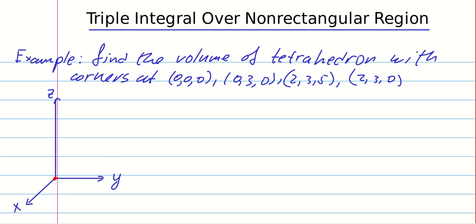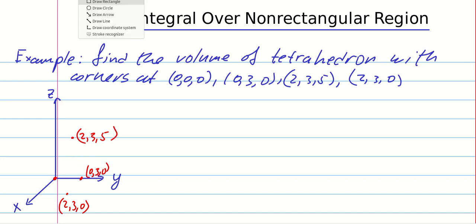One is on the y-axis over here, which is 0, 3, and 0. One is over here, which is 2, 3, and 0. Right? So 2 along the x, 3 along the y, and one is at 2, 3, and 5.